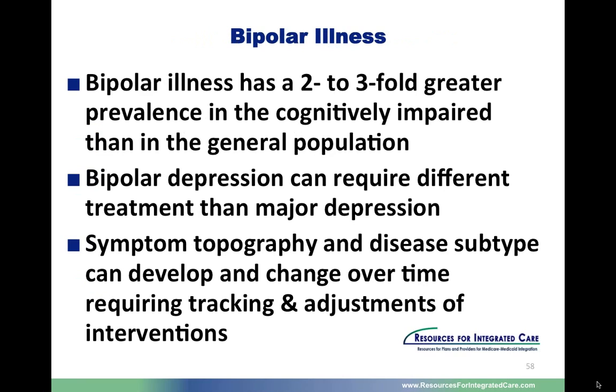You have 25-year-old, 30-year-old people with developmental disabilities whose symptoms look like something else, like attention deficit hyperactivity disorder, like some personality disorder types, and like depression. So ultimately they will end up with the diagnosis of bipolar illness. So you need to track what's going on with the symptoms and make adjustments of the interventions.